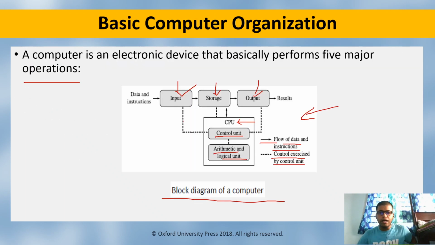The control unit has control over the input data, how it will be stored, and how the output result will be produced, and the total execution is controlled by this control unit.